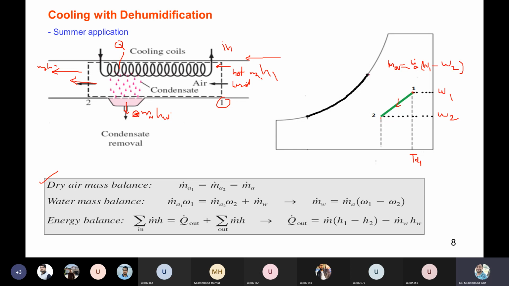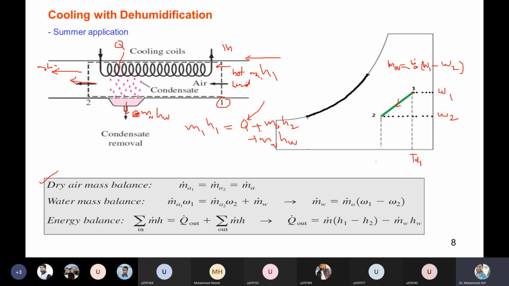So we can rewrite this: the incoming enthalpy is equal to Ma1 H1. And what are the outgoing enthalpy? The outgoing is Q, plus Ma H2, and then the enthalpy of the water vapors, plus Mw HW. So we can rearrange and then we can calculate how much heat is absorbed.